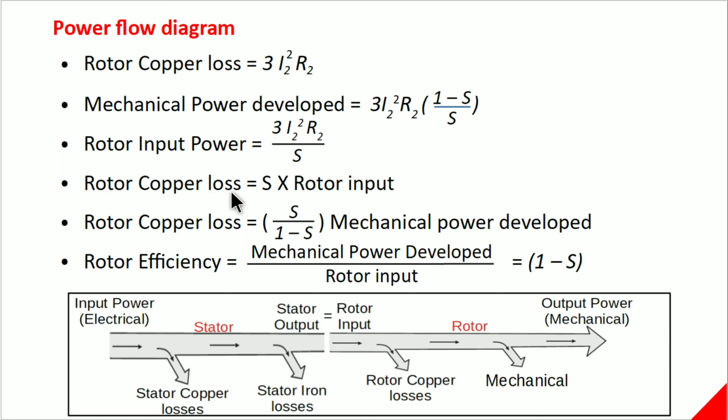So rotor copper loss divided by rotor input is equal to slip. So from the first and third equations, rotor copper loss is equal to slip times rotor input.